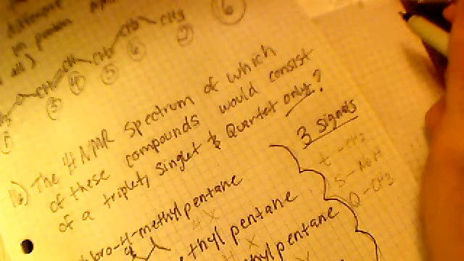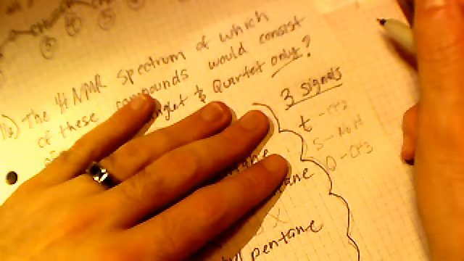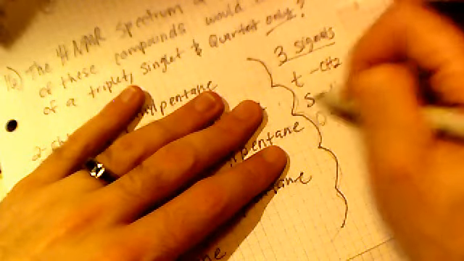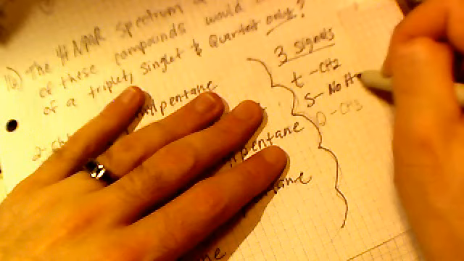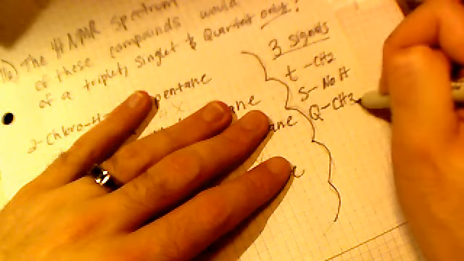There's only 3 identical environments. So in order to get a triplet, I need to have something next to a CH2. In order to get a singlet, I need something that's not near any H. In order to get a quartet, I need something that's near a CH3.